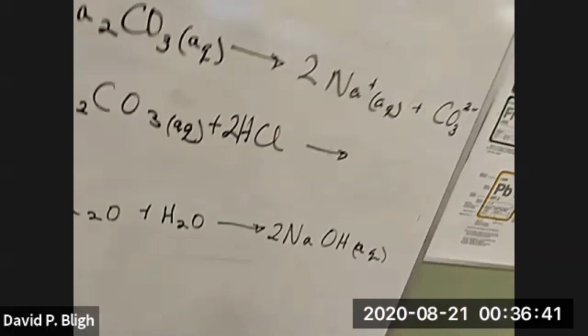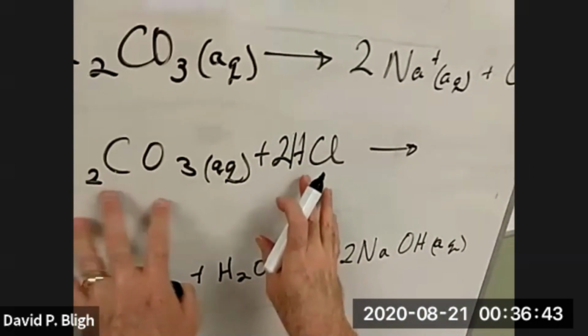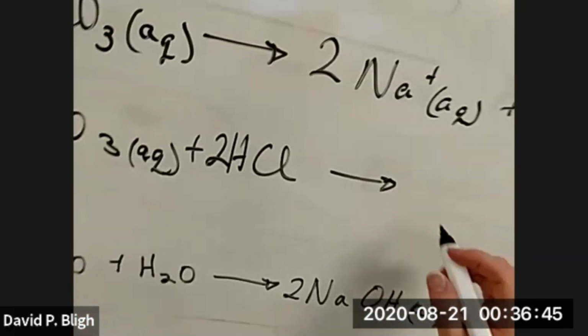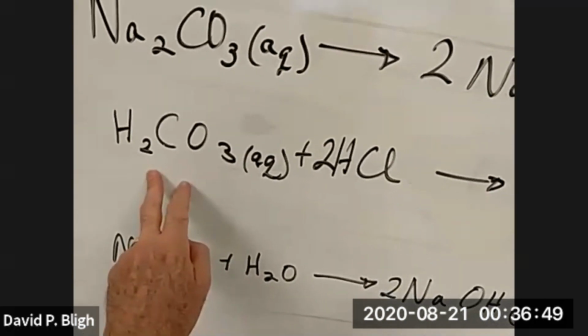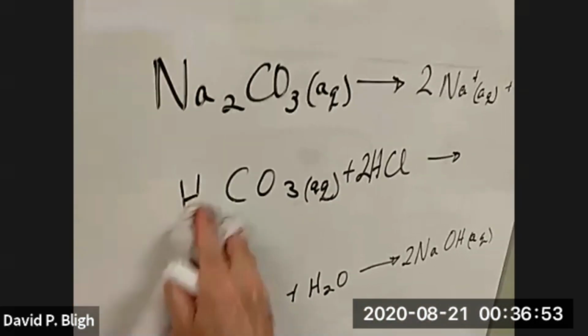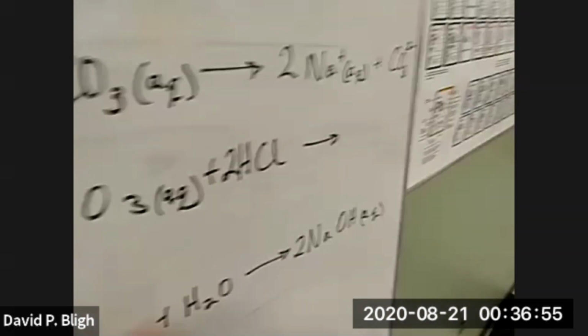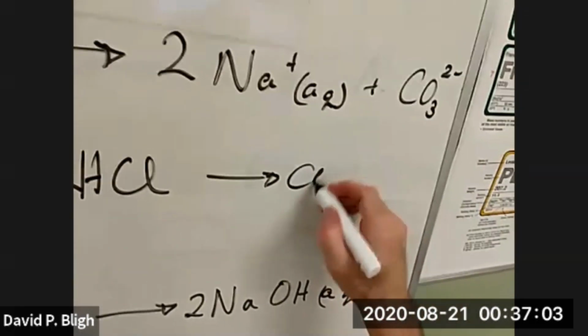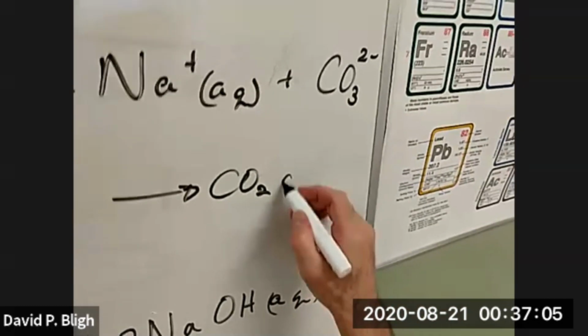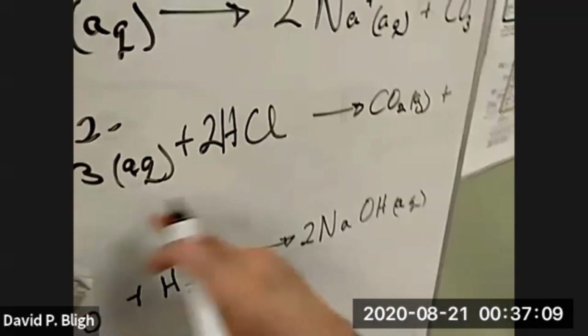Okay? So when we react these 2 together, we get water. Let's see. No, actually, we don't need that. There we go. What we get is carbon dioxide, which is a gas, plus CO2 and one extra.